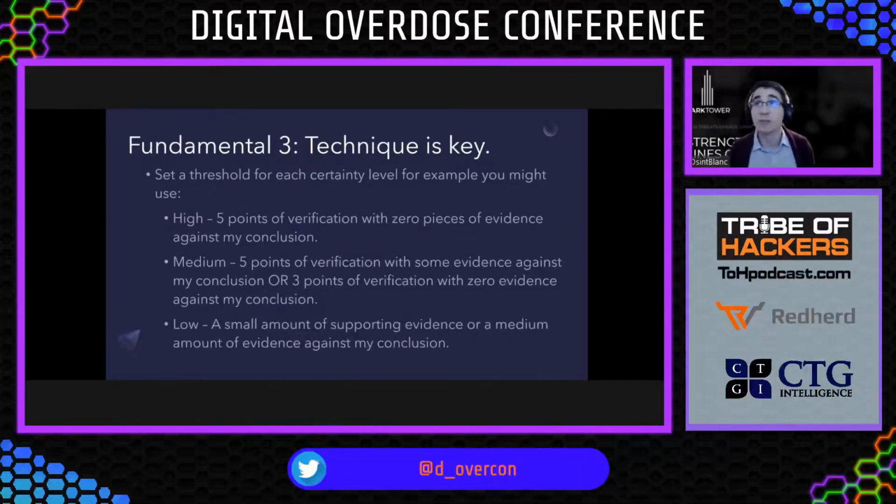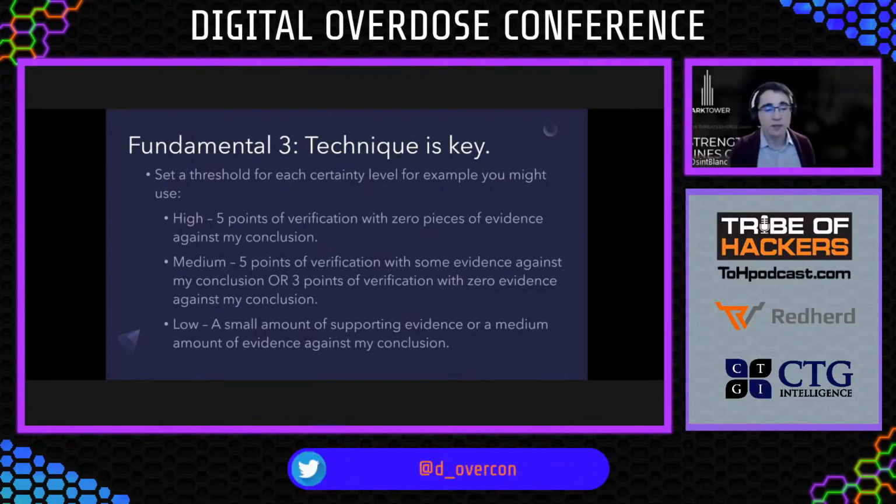One point of verification could be that they live in the right region. A second point could be that they have the right first and last name. So points of verification are just points of certainty. Again, we're taking qualitative things and making them quantitative, so you have to workshop it a little bit and figure out what works in terms of evidence.